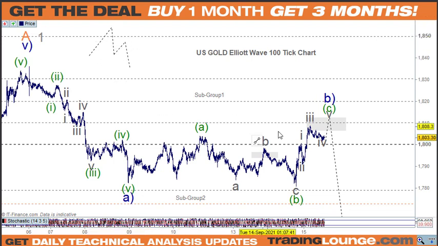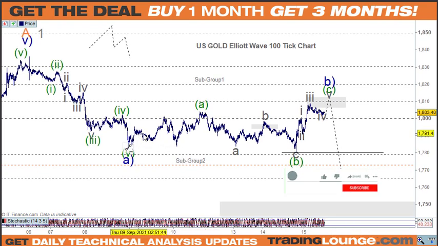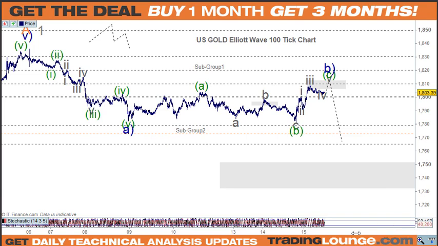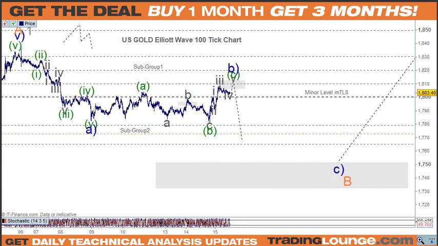So I'm thinking it's because of the time it's taken to create all of this, I think that we're more in line with this wave B here. I think we're in the triangle.